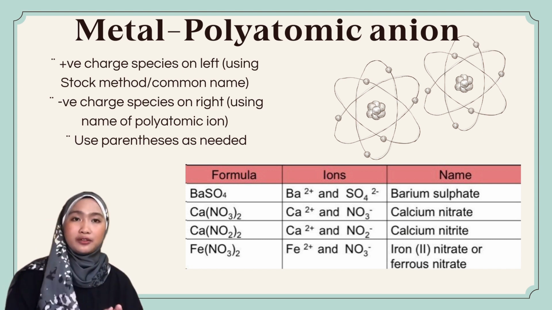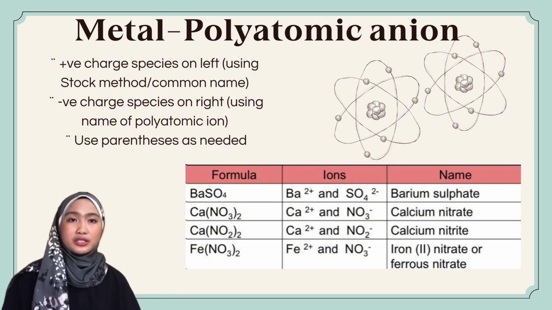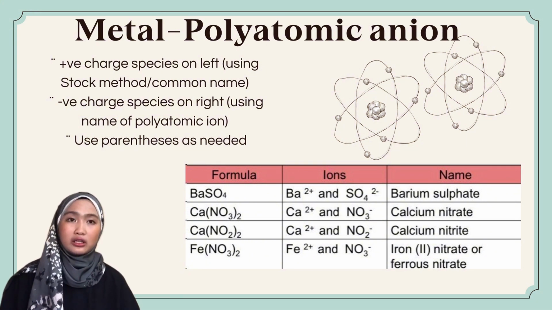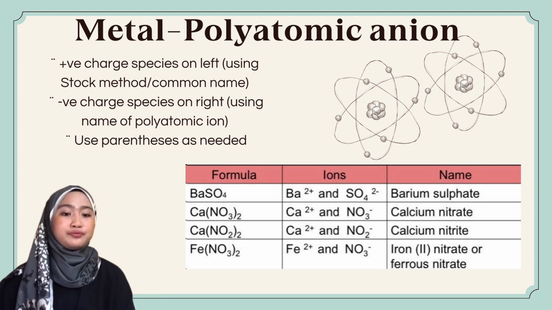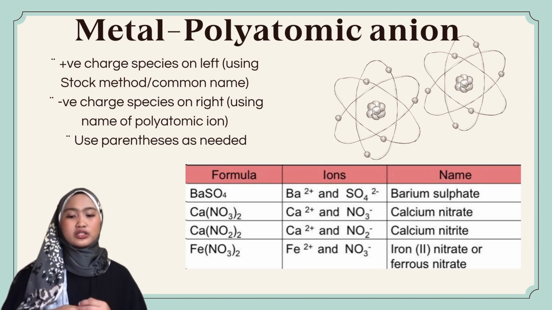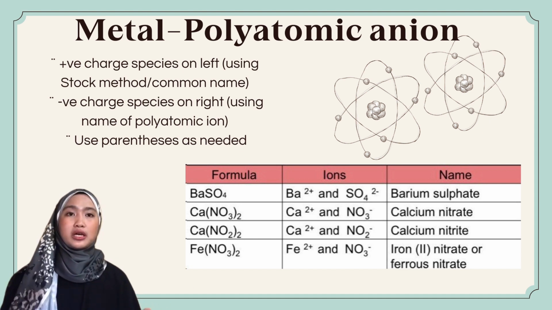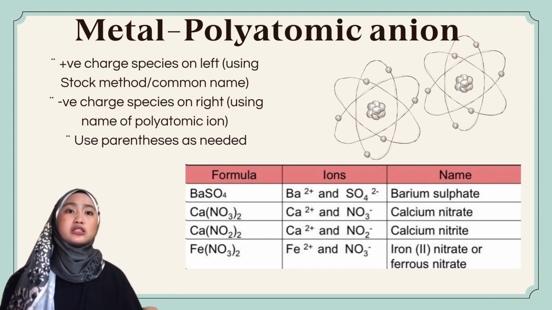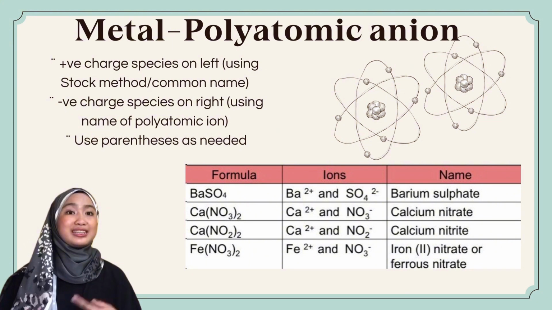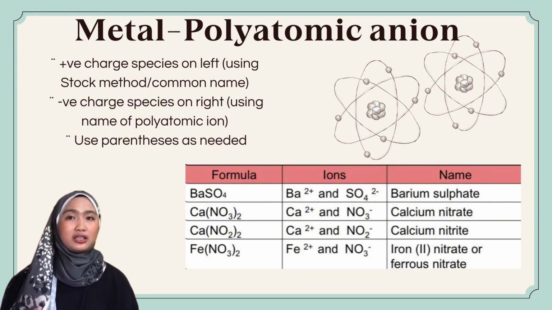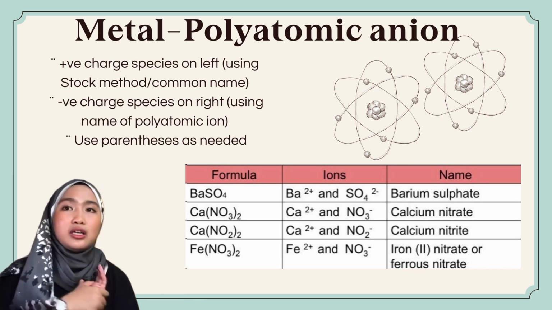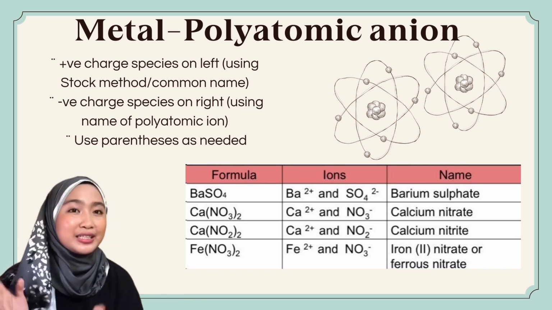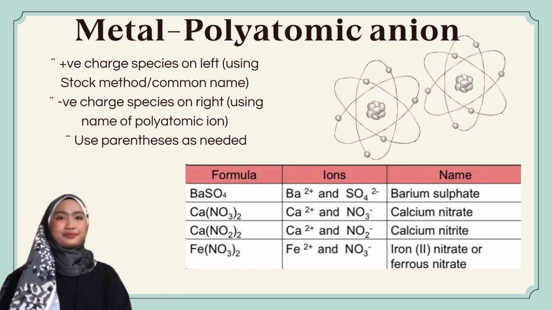The negative charge species is on the right, using the name of the polyatomic ion. In this case, you need to use parentheses if needed. And this is the example.